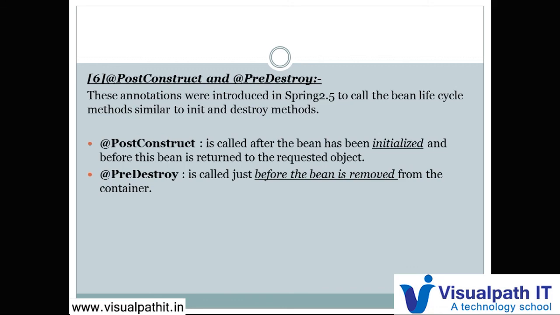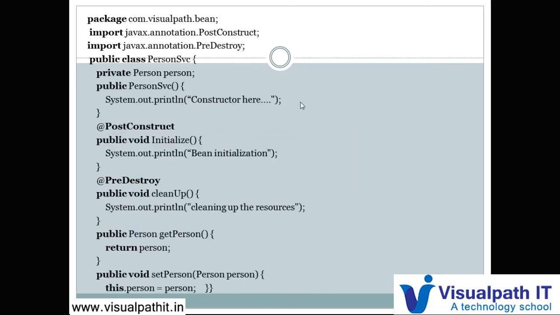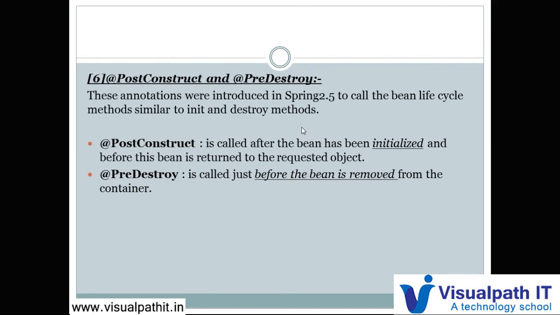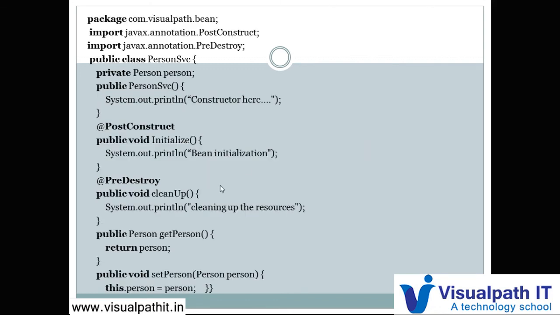The bean lifecycle, as we all know, starts from the initialization of a particular bean. After injecting all the dependent objects, we use the init method declaration or the InitializingBean interface. We can show that here.